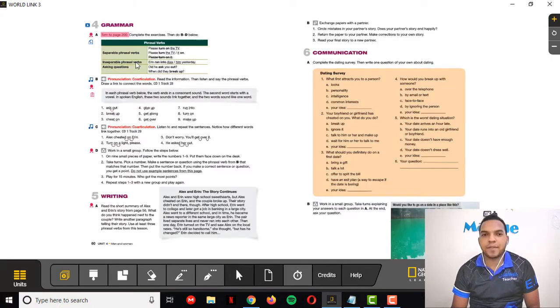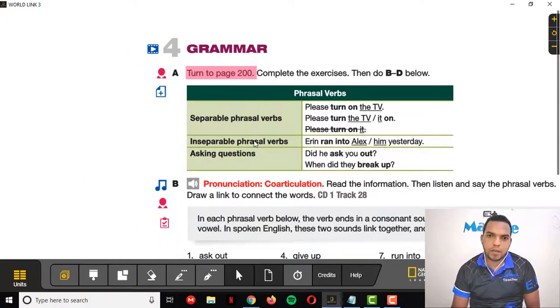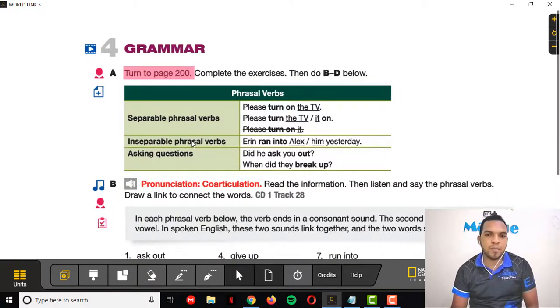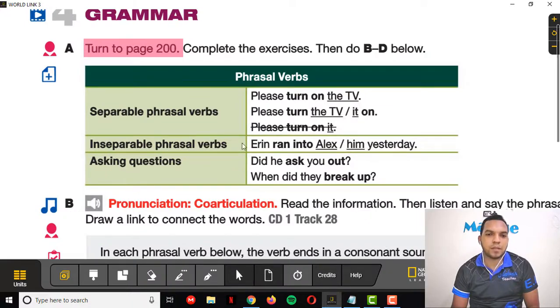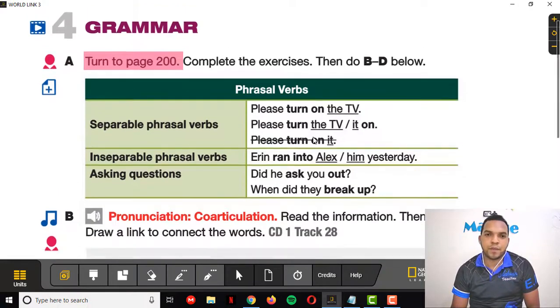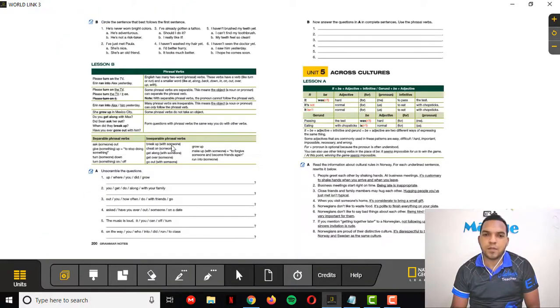And right now we have the most difficult part, which is about the phrasal verbs, so you can understand even better what exactly this is. Okay, so we have separable phrasal verbs, inseparable, and also creating questions with these phrasal verbs. All right, so over here we have this part.